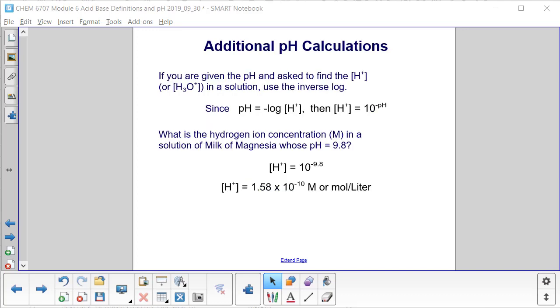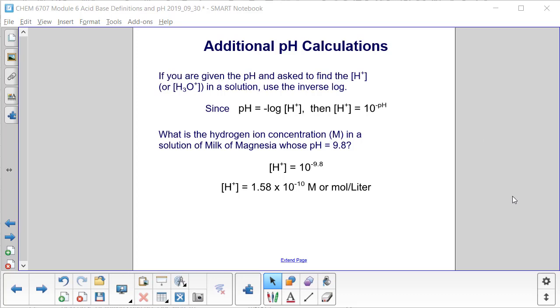There are a couple of additional calculations we might have to do involving pH. First, if you're given the pH and asked to find the hydrogen or hydronium ion concentration in the solution, we have to do the inverse of the log. So here's how you do that. If the pH is equal to the minus log of the hydrogen ion concentration, then the hydrogen ion concentration is equal to 10 to the power of minus pH value.